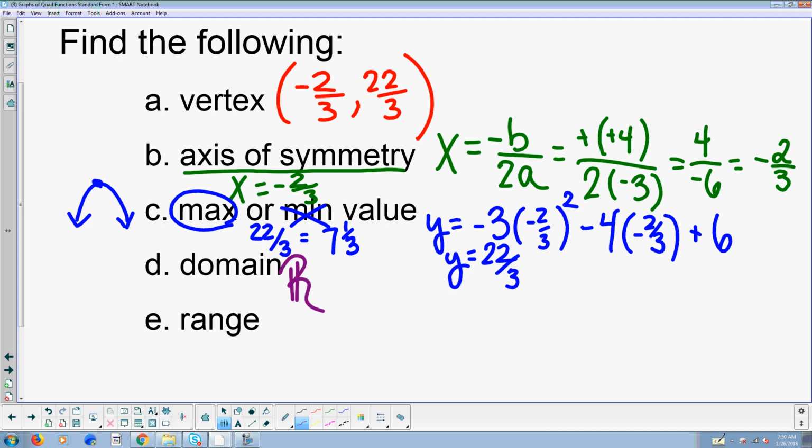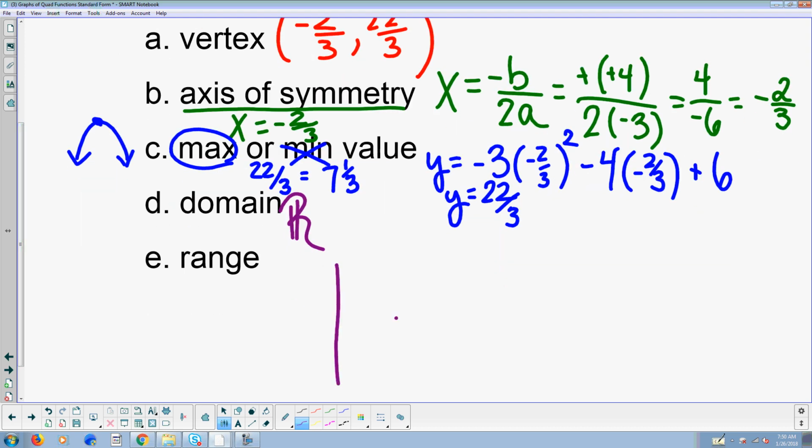For the range, let's consider a sketch. If I plot my vertex at negative 2/3, 22/3, I plot a point here and I show a parabola that's frowning, and I were to smash this flat to the y-axis, the vertex would move over, everything's pointing downward.